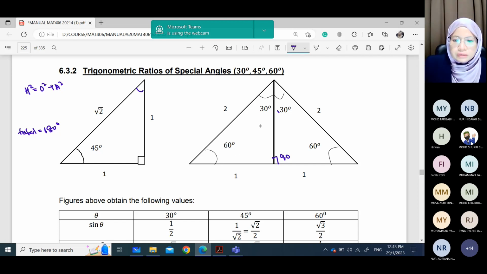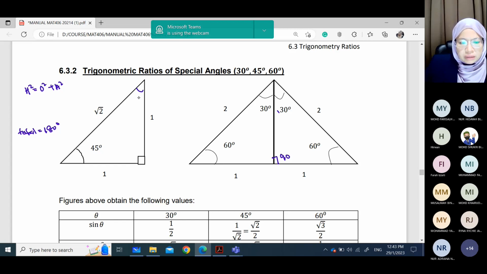Yang ini adalah 45 darjah. 90, 45, 90. Jadi sudut yang ini berapa degree dia? 45 degrees, sebab total dia adalah 180 darjah untuk segitiga.